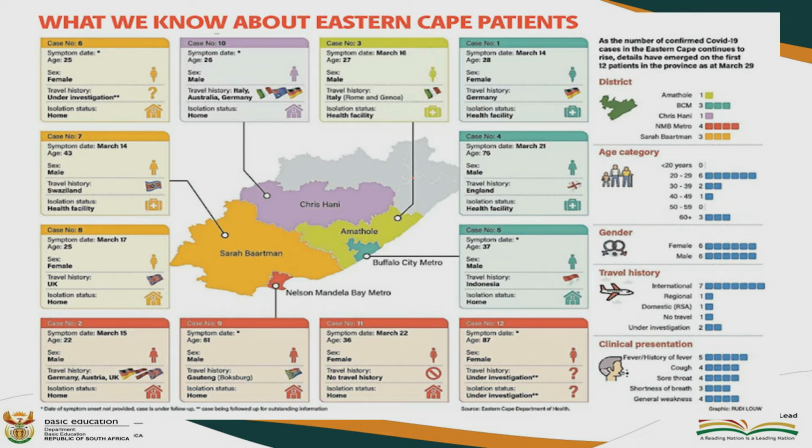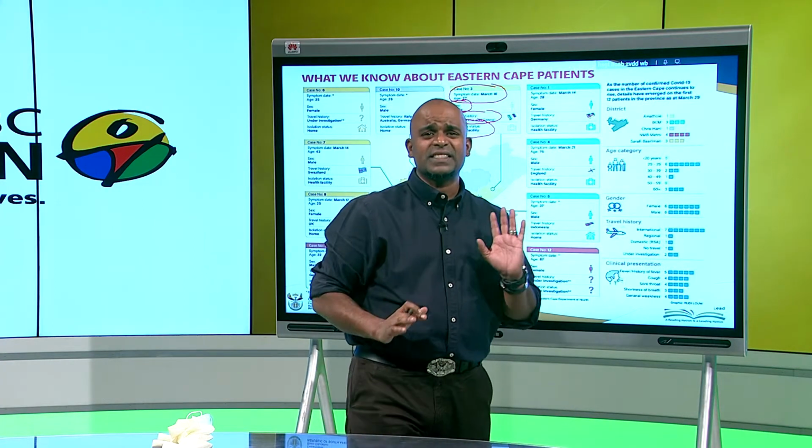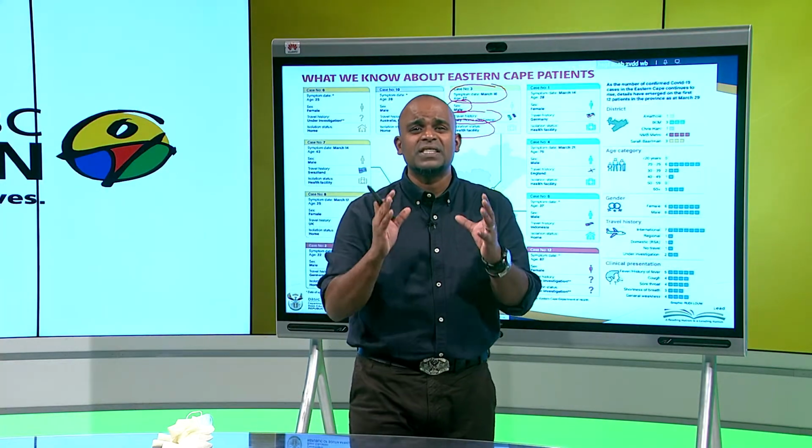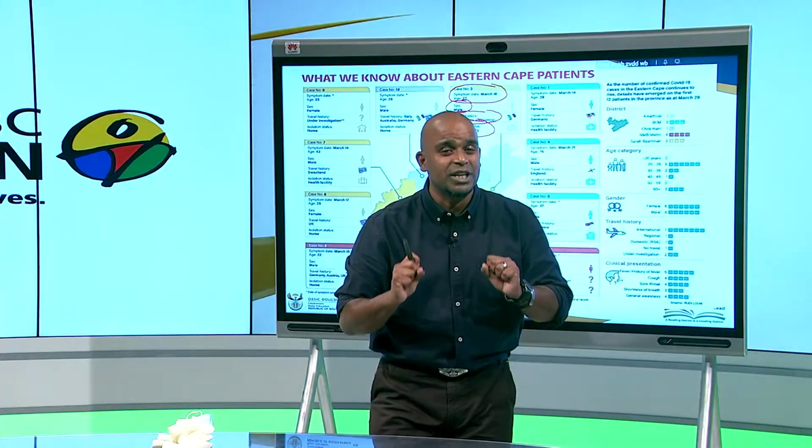Let's use case number 3. The data on when, the data on male or female, the data on travel history, as well as the current isolation status. Now, all this information is being captured throughout the country, and the Eastern Cape is a model where you can see how our medical workers are capturing that information.